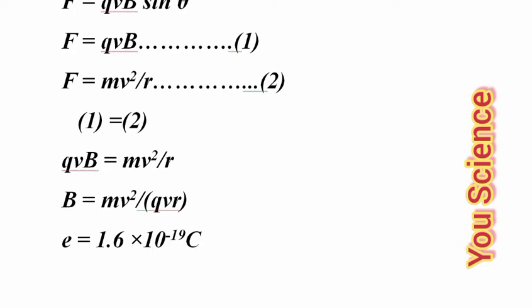And again, the mass of the electron is equal to 1 over 1840 the mass of the proton.